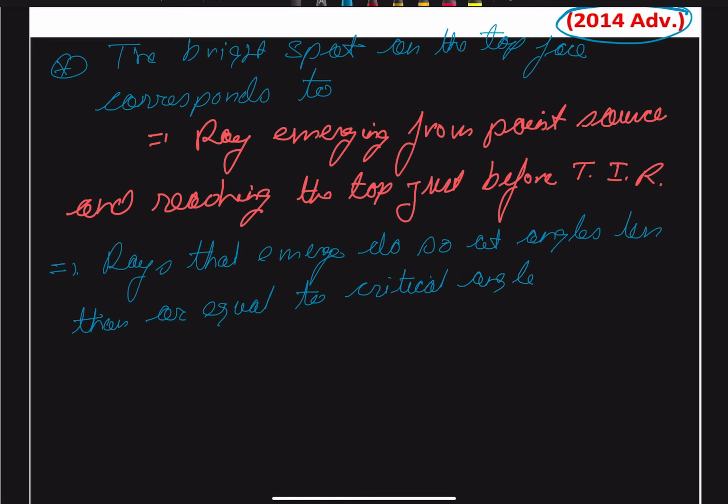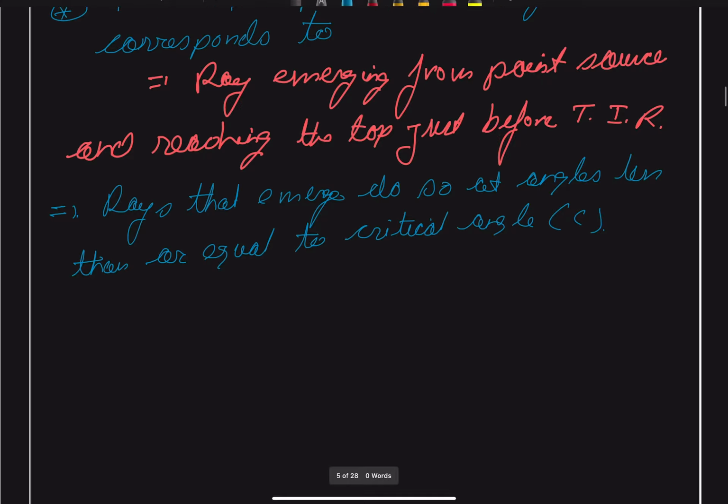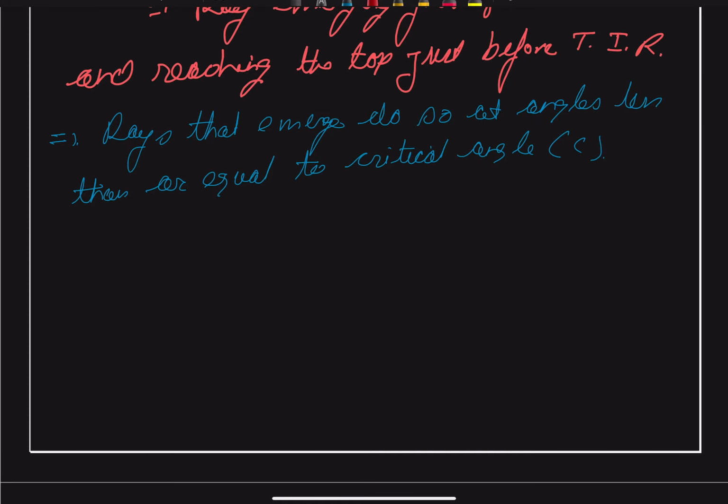And let us call this critical angle as C. Therefore, we can write that sine of critical angle will be equal to n2 upon n1.